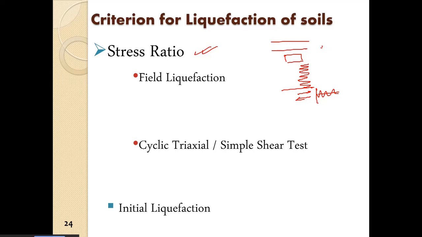So basically the element is now being given a horizontal shear stress, and we have the vertical normal stress on the soil sample. So Seed and Peacock, 1971.